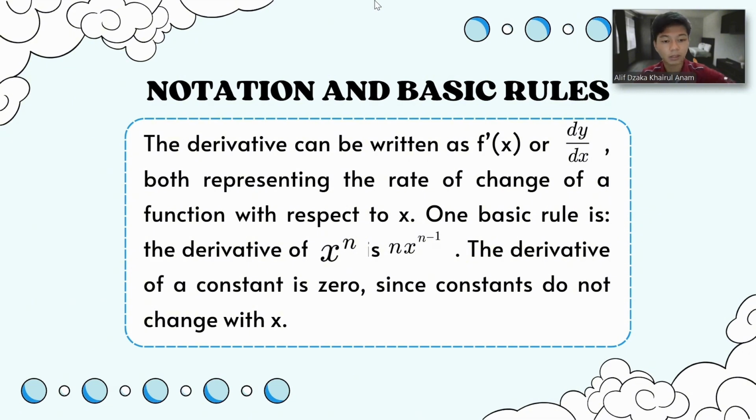One basic rule is the derivative of x with respect to x is 1. The derivative of a constant is 0, since constants do not change with x.